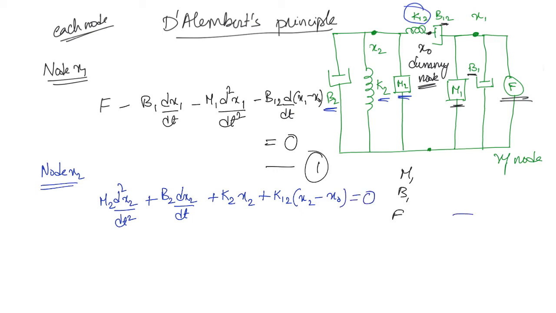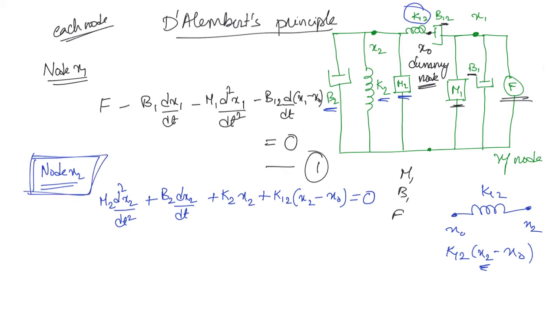We have seen earlier also, when there are two displacements of the spring, x2 and x0, then you will write K12 x2 minus x0. The one which we take as a positive sign will be the node at which we are writing the equation. Every time it's like that.